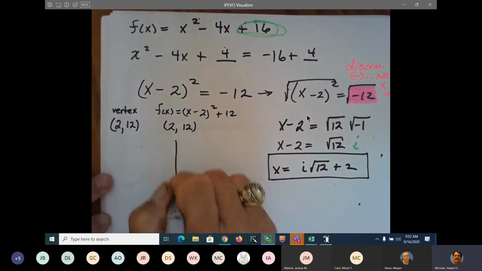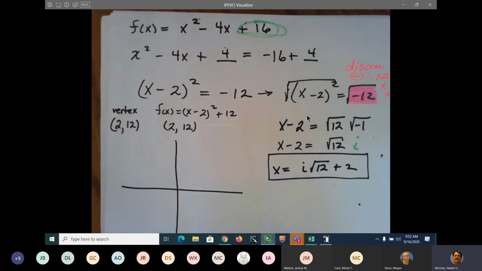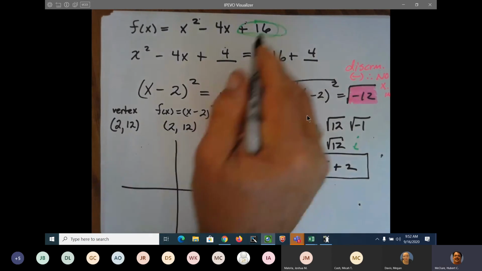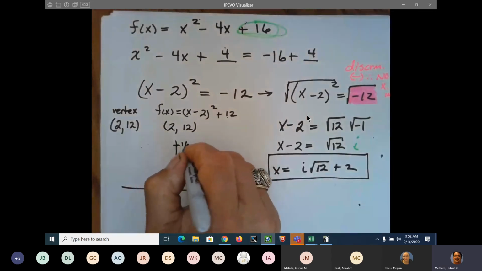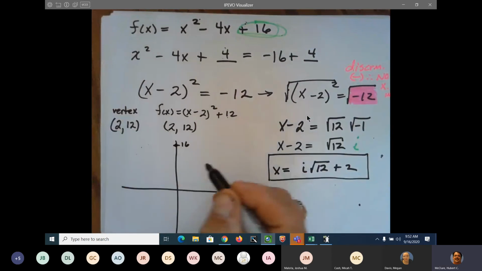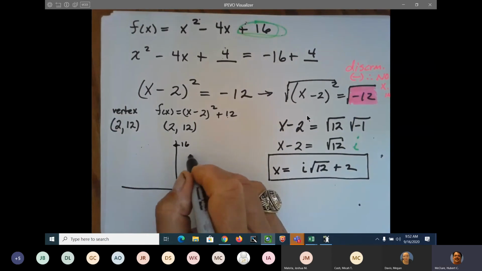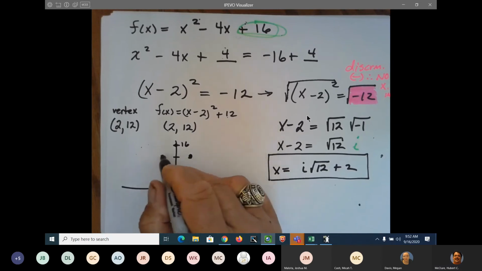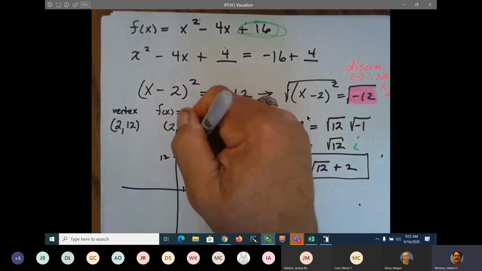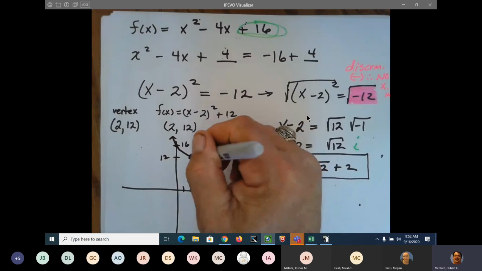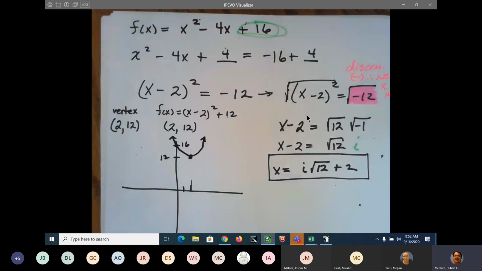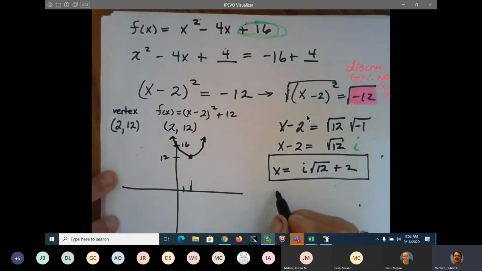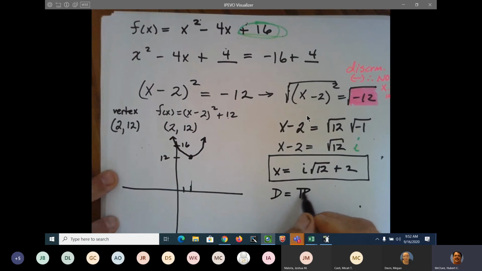So we've got a parabola. Basically, we have a 16, which is up here, and we've got a 2 and a 12, which is right here. And we've got a parabola that looks like that. Our domain is all real numbers.